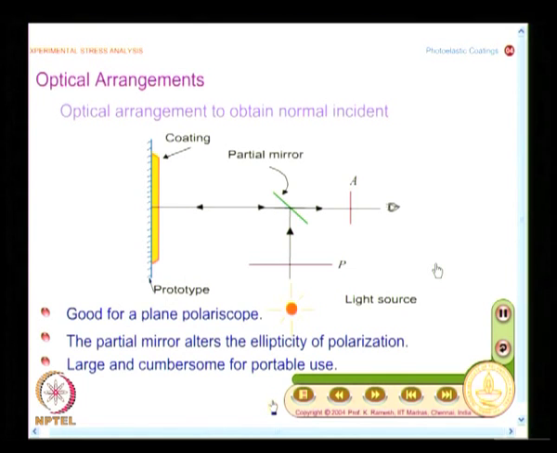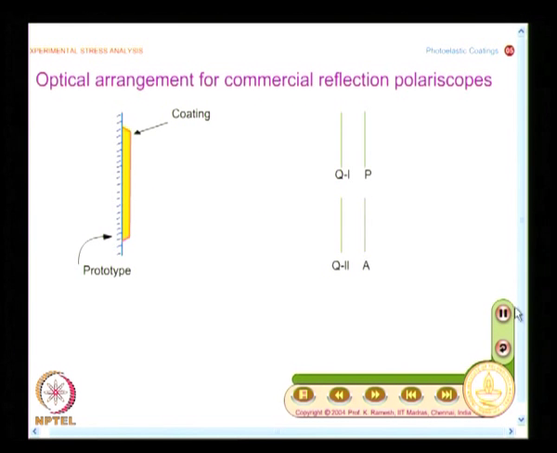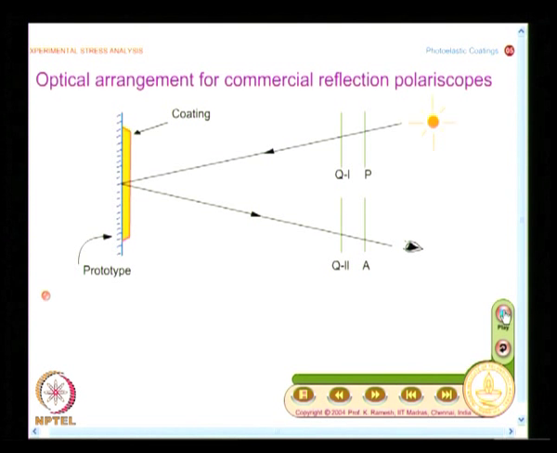So, what is the kind of arrangement that they have in a commercial reflection polariscope? Observe the animation again. What I have here is I have to send the ray of light to the model and I have to analyze only the reflected light.